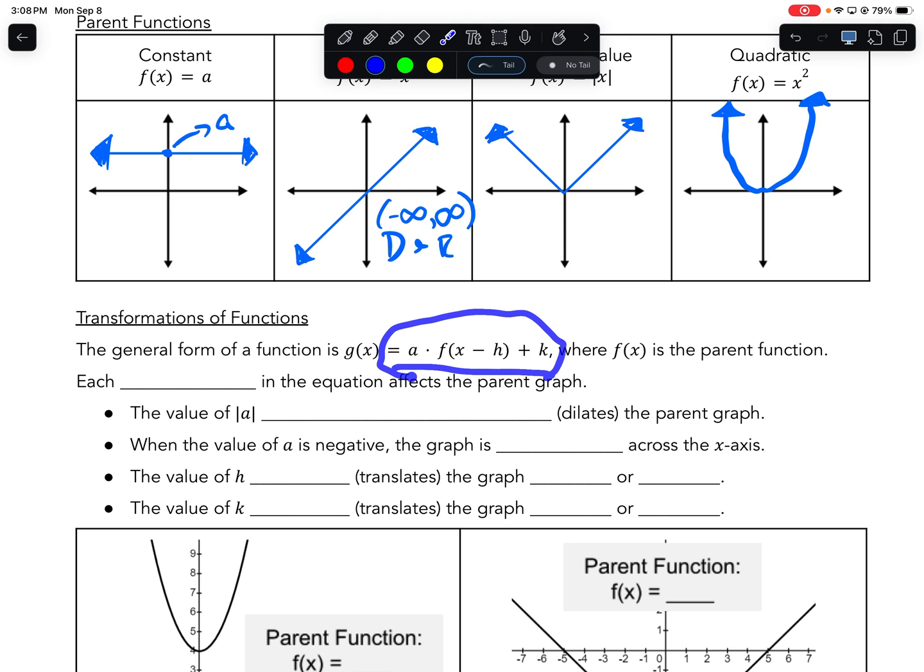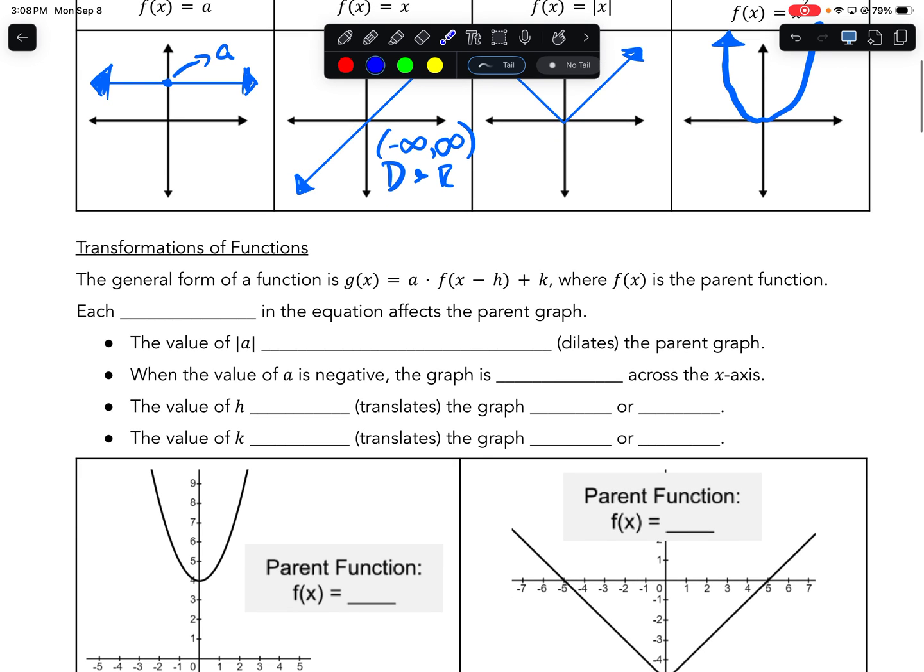So we have this equation: A times the quantity x minus h, plus k. I don't like how that's written, but that's okay. So general form is that each constant in the equation matters, and we'll talk about what that means as we go along.